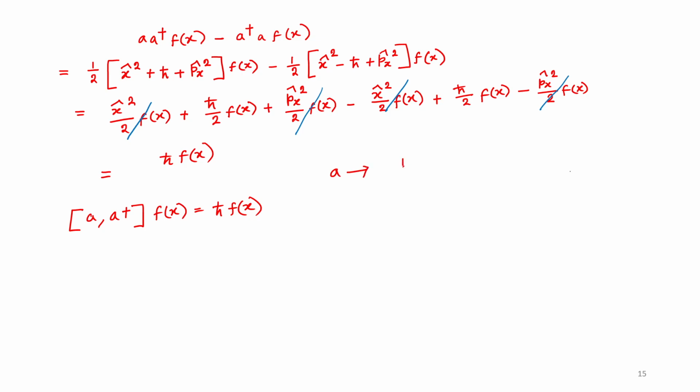A is 1 by root 2 x plus I px. A dagger is 1 by root 2 x minus I px. This is what we should not forget.